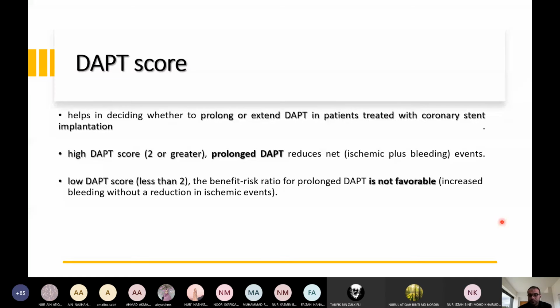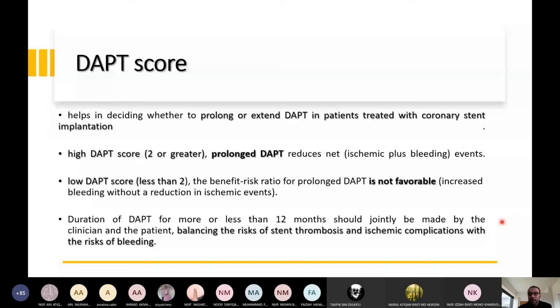And with low scores, less than 2, the benefit-risk ratio for prolonged therapy is not favorable, meaning it is not worth continuing beyond 12 months if the score is low. The duration of more or less than 12 months should be jointly decided by, of course, clinical judgment and again balancing the ischemic and bleeding risk.